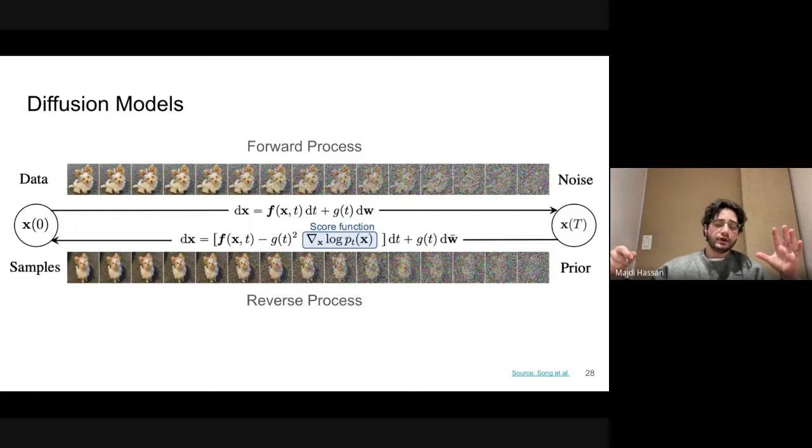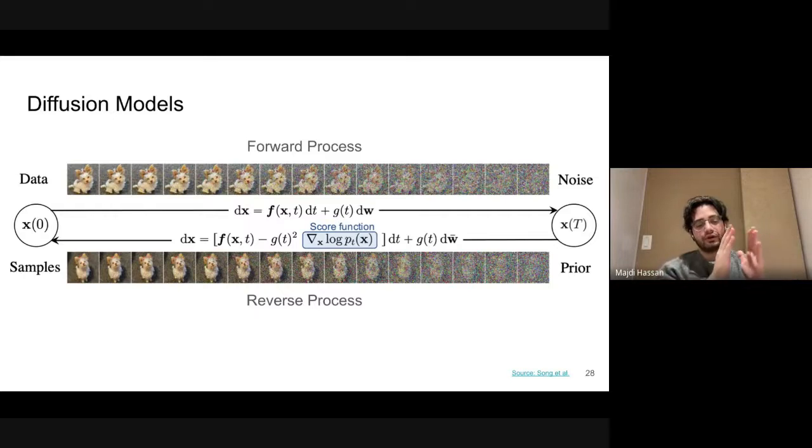And what you're going to do is learn essentially the score function, which is the gradient of the log likelihood with respect to your input. In this case, it would be the pixels of the image. Essentially, it's learning the change in probability density at varying noise scales.